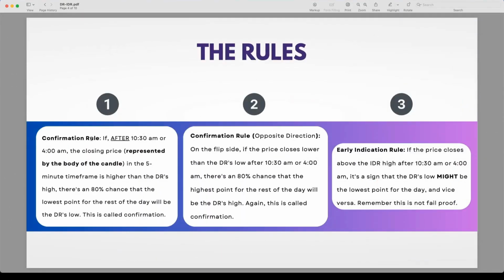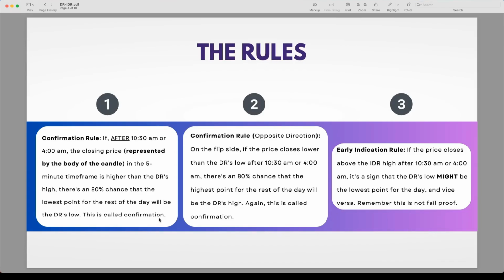The confirmation rule. If after 10:30 a.m. or 4 a.m., whichever session you're trading in, the closing price represented by the body of the candle in the 5-minute time frame is higher than the DR's high, there's an 80% chance that the lowest point for the rest of the day will be the DR's low.